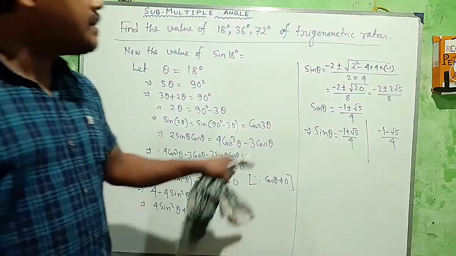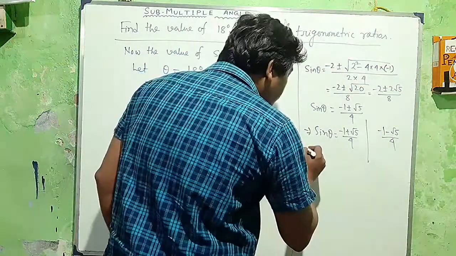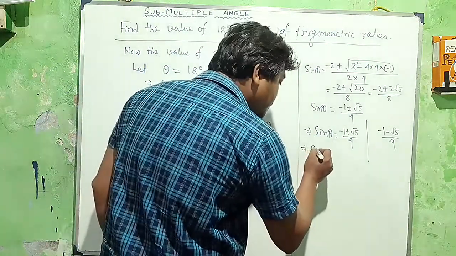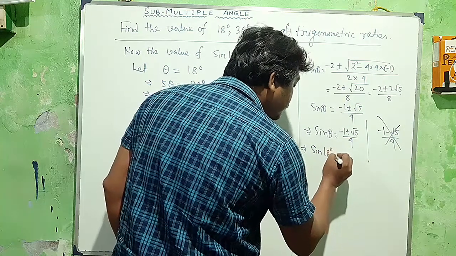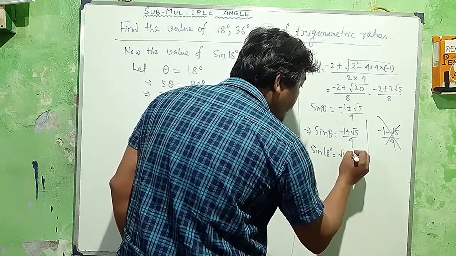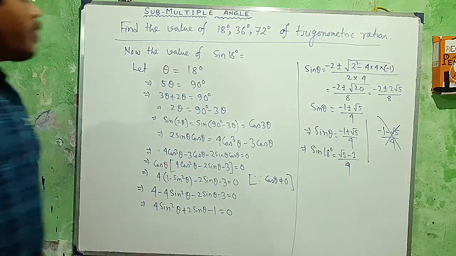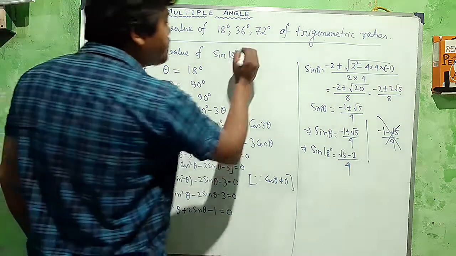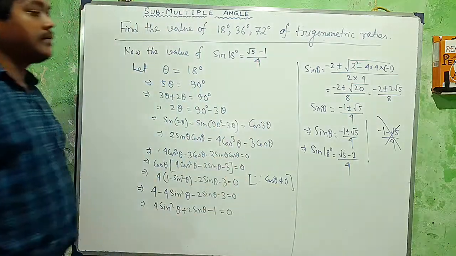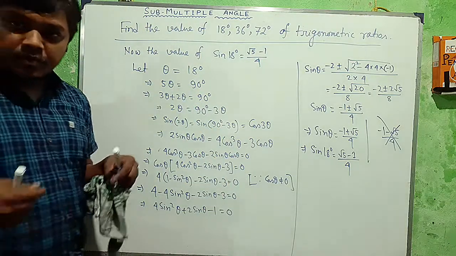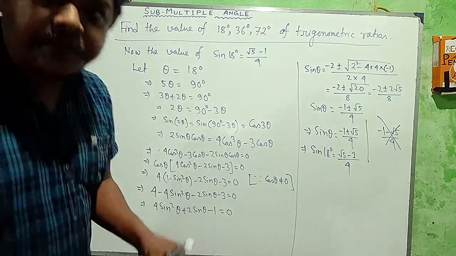So if I put theta equals 18 degrees, sine 18 degrees equals root 5 minus 1 over 4, since root 5 is greater than 1. So what is the value of sine 18 degrees? That gives root 5 minus 1 over 4. A simple calculation, and you can proceed in this fashion to always calculate sine 18 degrees.